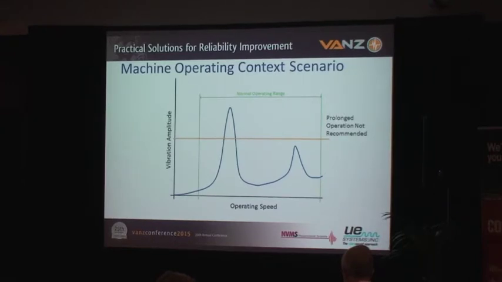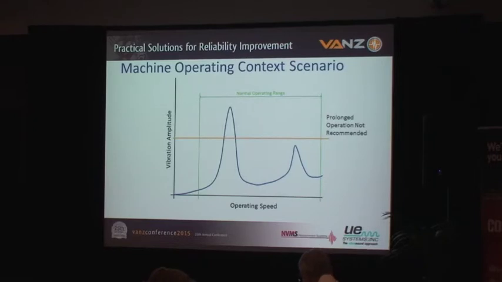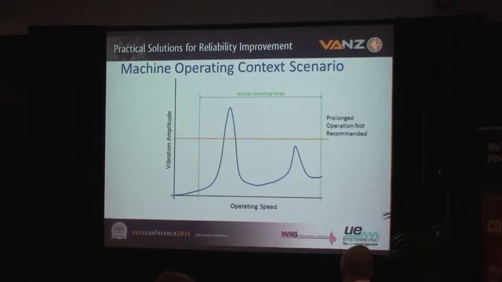I should have mentioned that. The manufacturer recommends on this particular machine that prolonged operation above this absolute threshold is not recommended. Not abnormal, they don't want to see you there, but it will run there. And this becomes a question of, is vibration an indication of a problem, or is vibration a problem in and of itself?